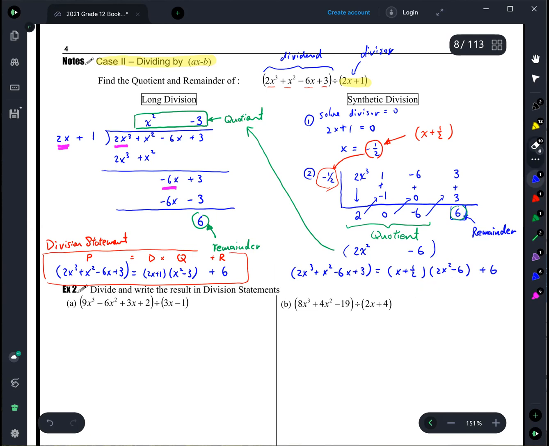We divide this one by 2, and then at the same time times this one by 2. So they balance out. So what will happen now? It becomes 2x plus 1, right? After I multiplying the 2, and then the other one will become the correct quotient. So this will be the correct one.